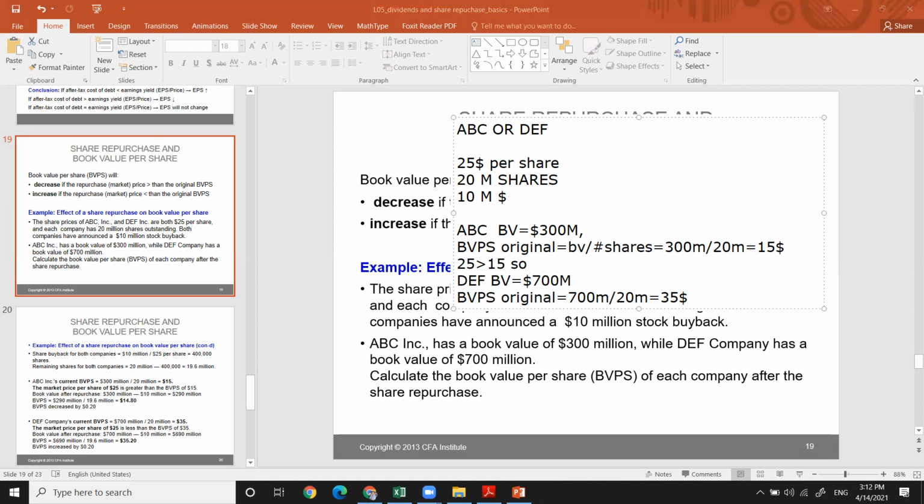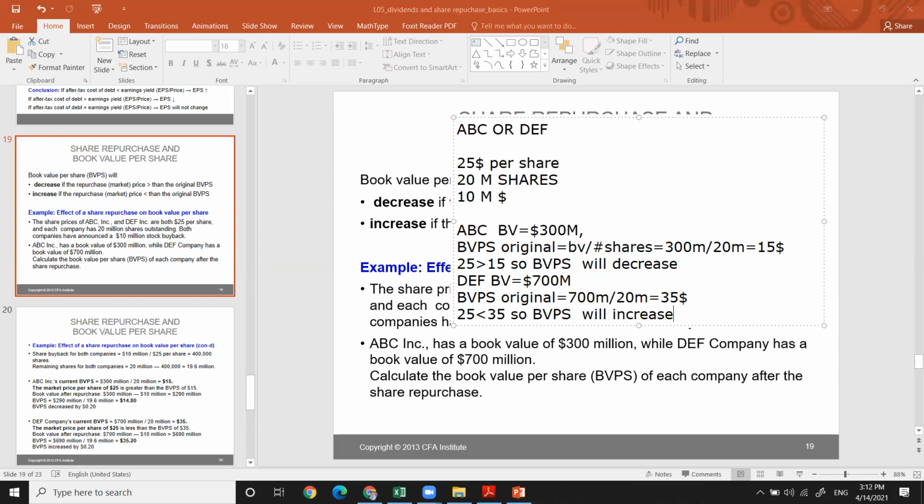So we expect that the book value per share will decrease. And for the case of DEF, we can see that $25 is less than $35. We expect that the book value per share will increase. So this is the logic behind the book value per share.